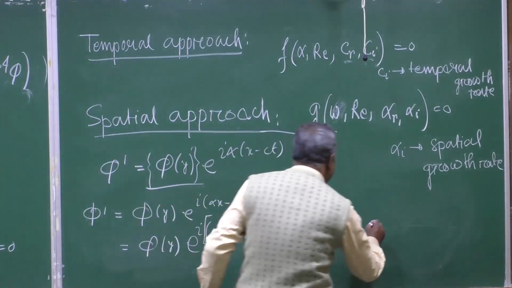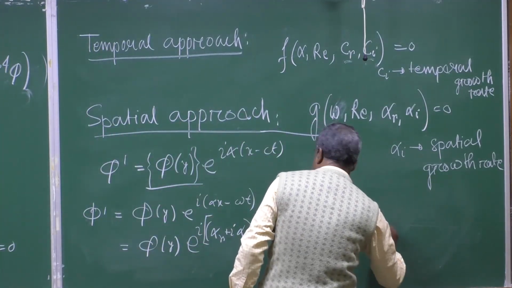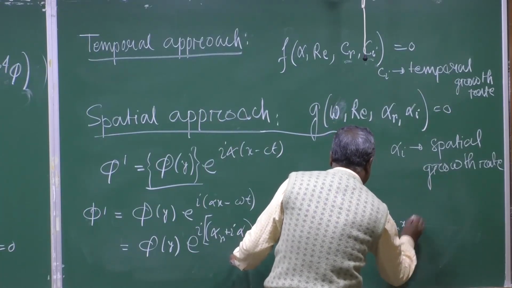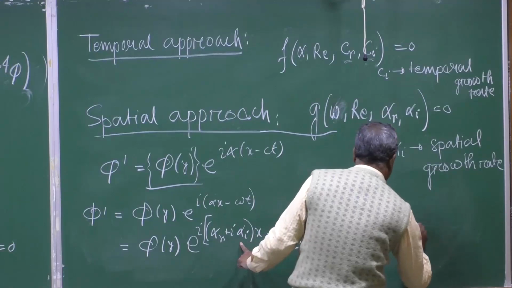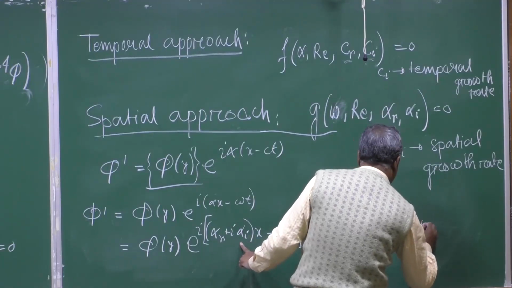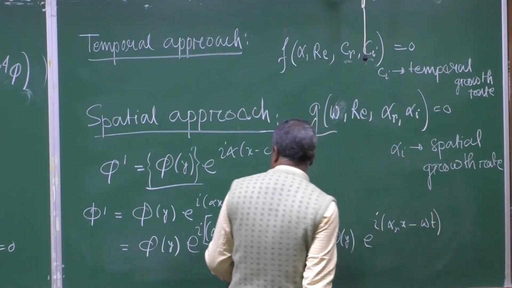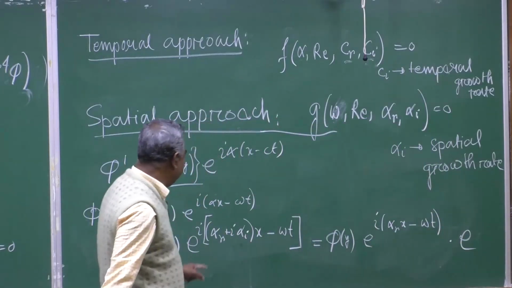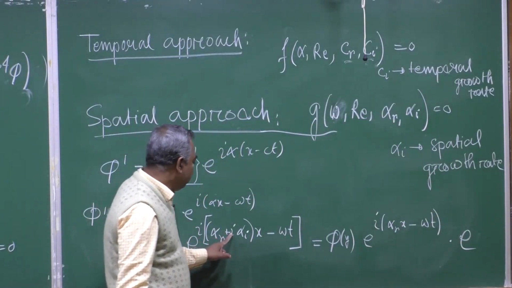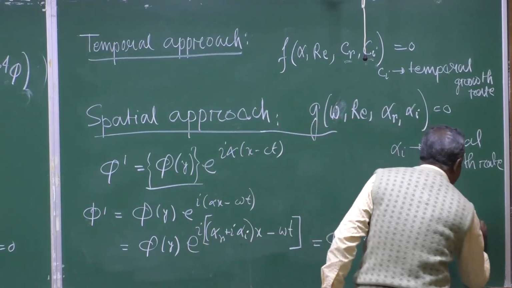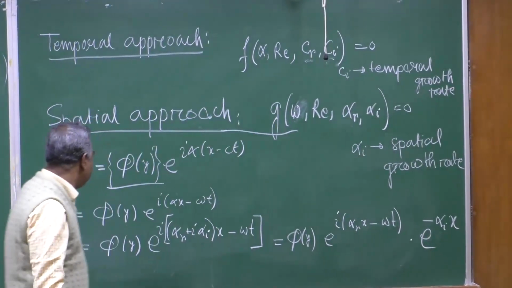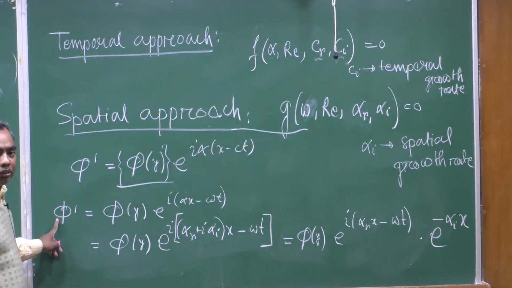So, that means we can write this as exponential i (alpha r x minus omega t), okay, and the other part is going to be exponential this i into this i, so minus alpha i x. Okay. So, this is what is our non-dimensional disturbance quantity here.